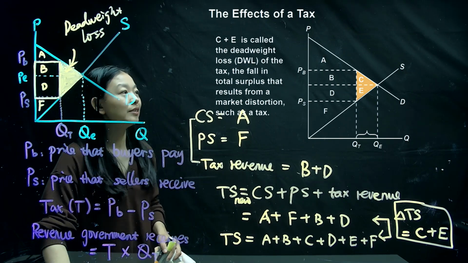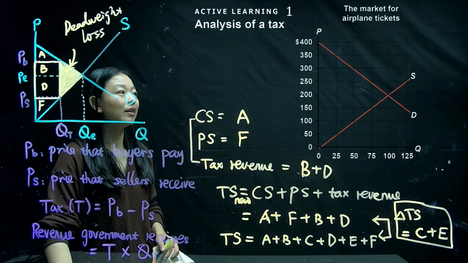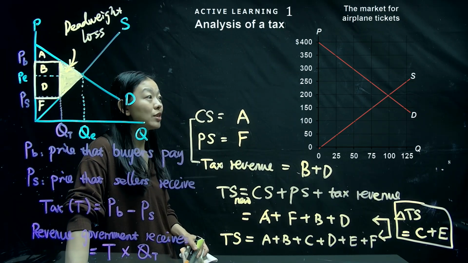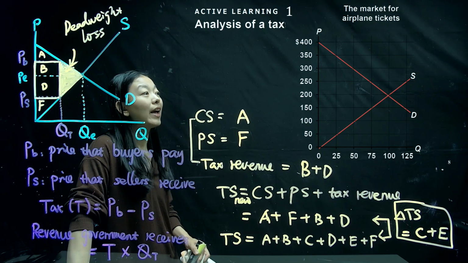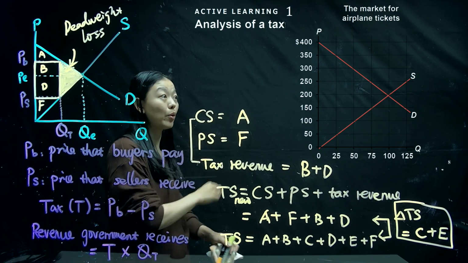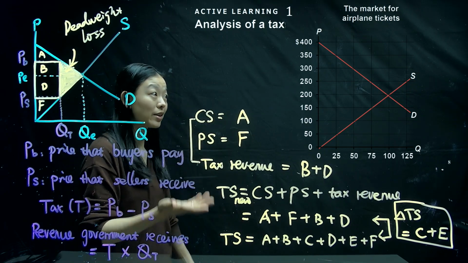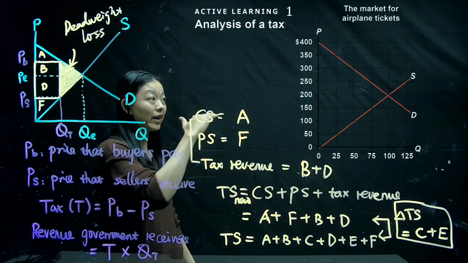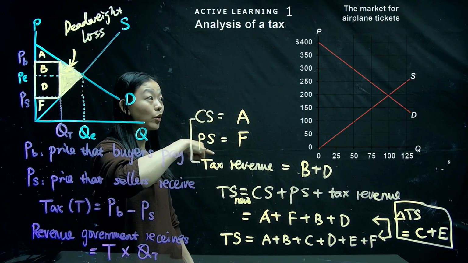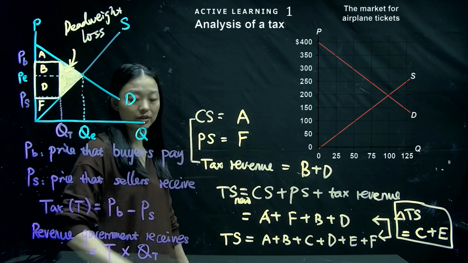All right, now let's see an example. In this graph, you can see we have the price, the quantity, and then we have the demand curve and supply curve, and the intersection point is our market equilibrium. You can find the corresponding price equals $200, and the equilibrium quantity equals 100.